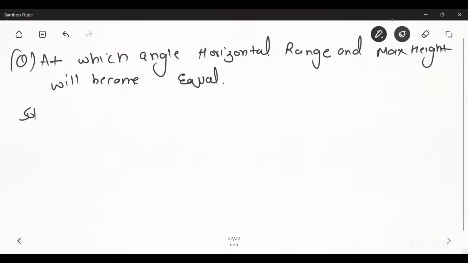So we have to find at which angle the horizontal range and maximum height will be equal.